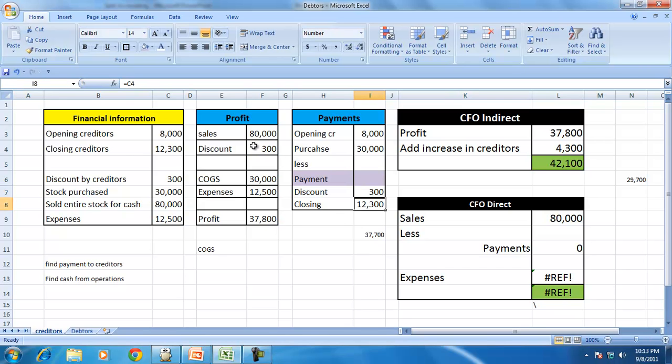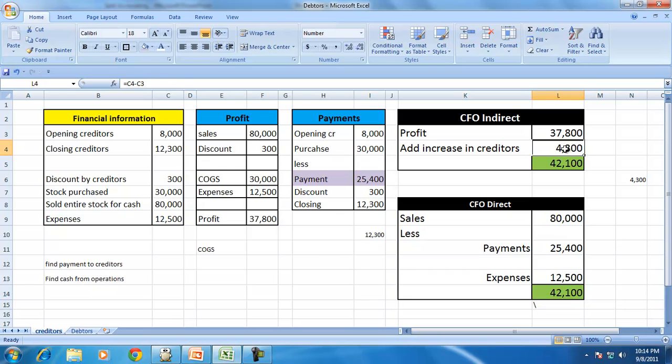So the payments will be 8,000 plus 30,000 minus 300 minus closing, so 25,400 is the payment. Now if the entire sales is for cash and the payment to the creditor is given, and the expenses for the period we paid fully, so therefore we can find the cash flow from operation.